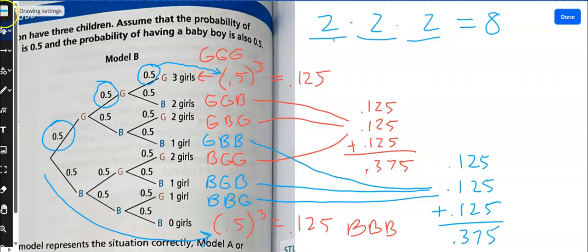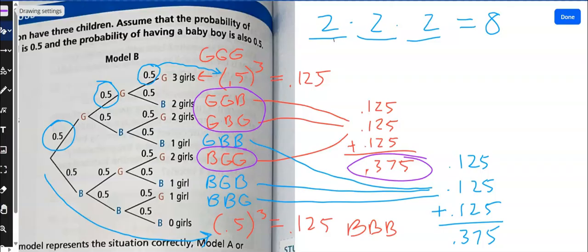But as you can see, the 3 options, which are 2 girls, whether the boy comes first, second, or third, they would each also have 12.5%. But see, those things can't happen at the same time. So there's no overlap. Therefore, you can add them together and you can find out that having 2 girls and a boy, you have a 37.5% chance of that happening.